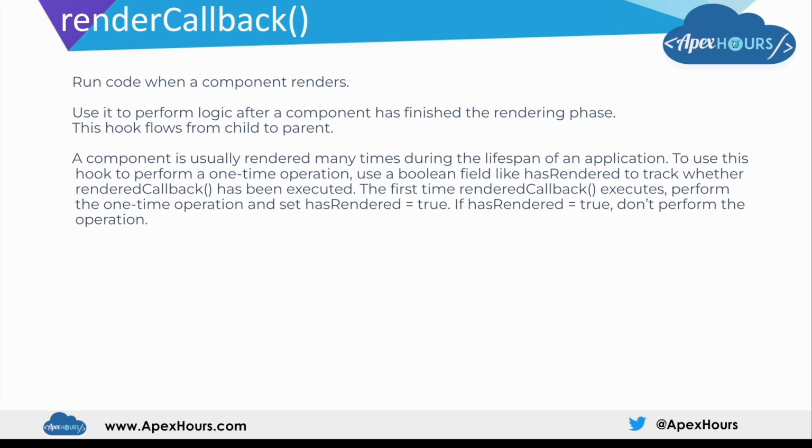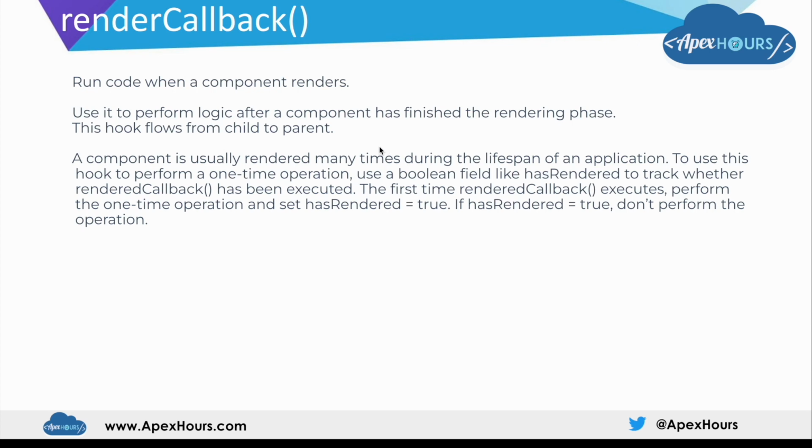You can have a parameter in JavaScript, and in the render callback you can make it true. Where you call your code, you can check if this parameter is true, then don't perform this operation. Otherwise, if it is false, perform the operation and make it true.